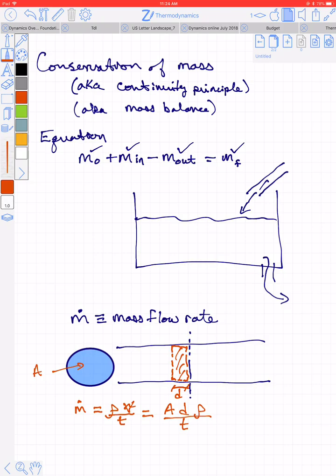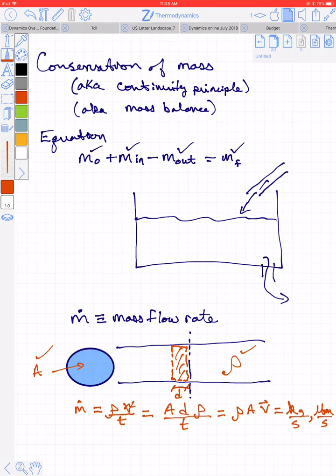When you have a fluid flowing in a pipe, that distance divided by time is another way of saying velocity. So mass flow rate is density times area times velocity. So in any pipe, if I know the cross-sectional area, I know the density of the fluid, and I know how fast the fluid is moving, I can find its mass flow rate. Mass flow rate has units of kilograms per second, or in thermo here we'll often do it as pounds mass per second.